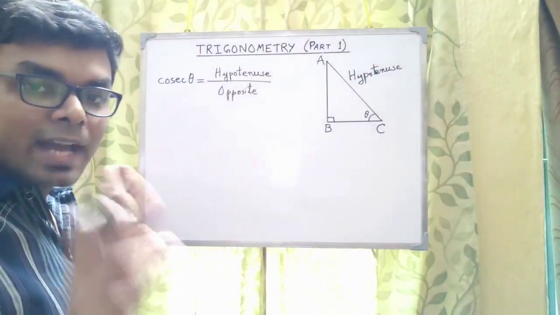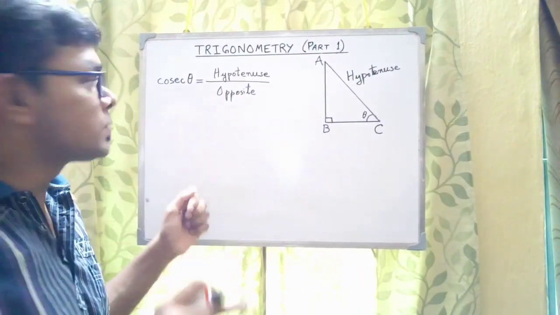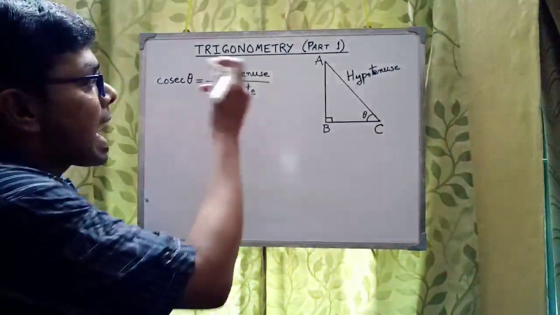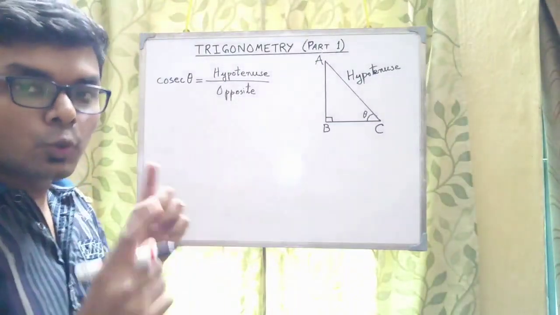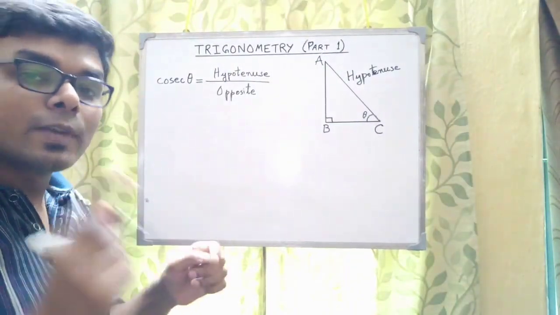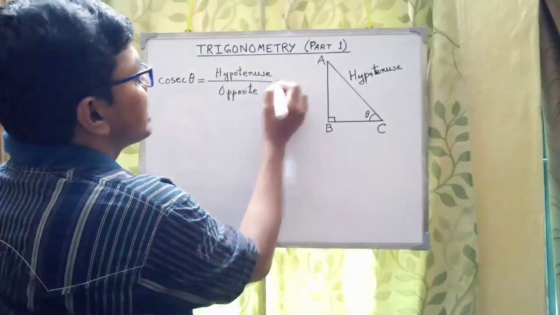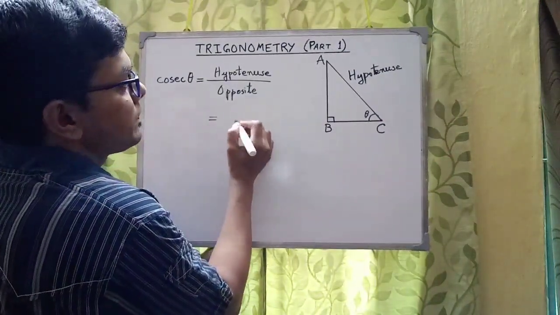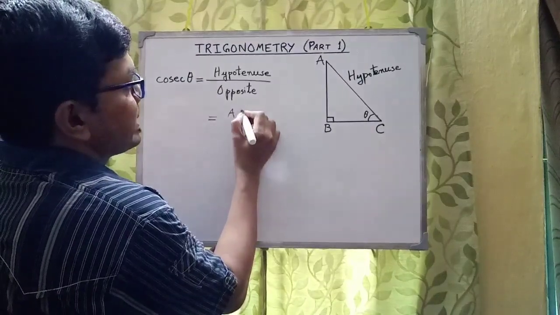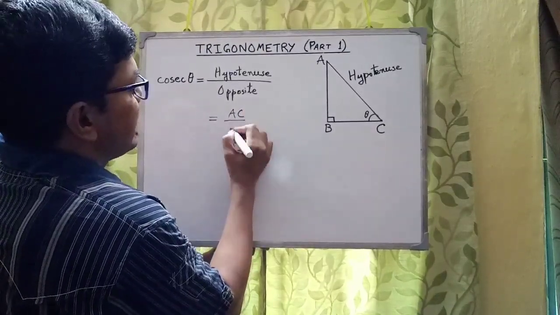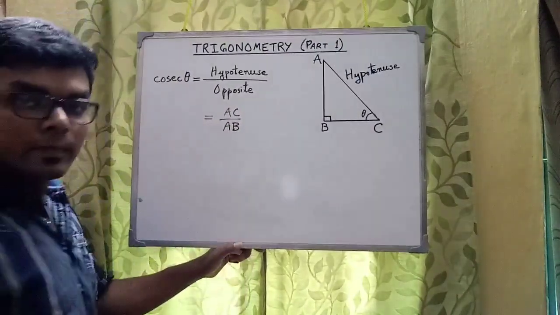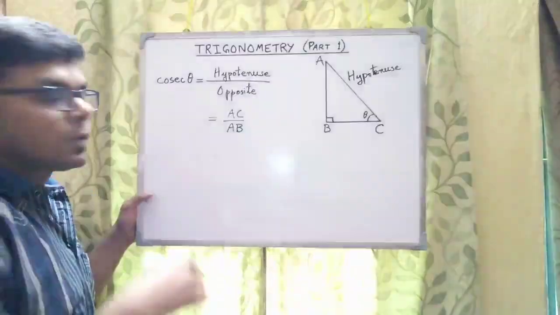Remember, we had sine theta equals opposite by hypotenuse. So cosec theta is hypotenuse by opposite, that is cosec theta is actually the reciprocal of sine theta. So I can write hypotenuse by opposite, that equals AC by AB, right?